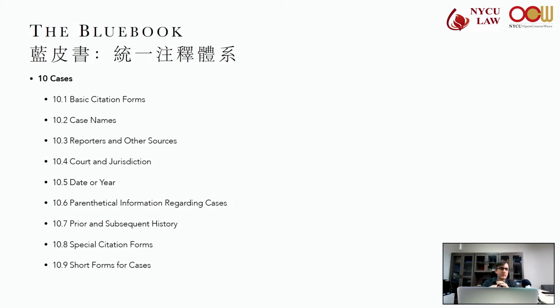We only do that in the citation. So in the citation, again, no italics for case names, and cite according to what we discussed before.